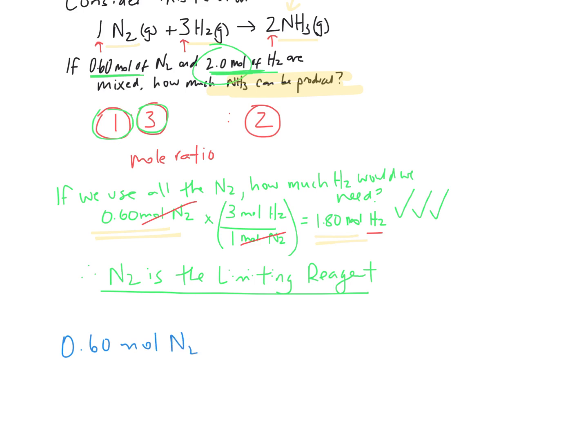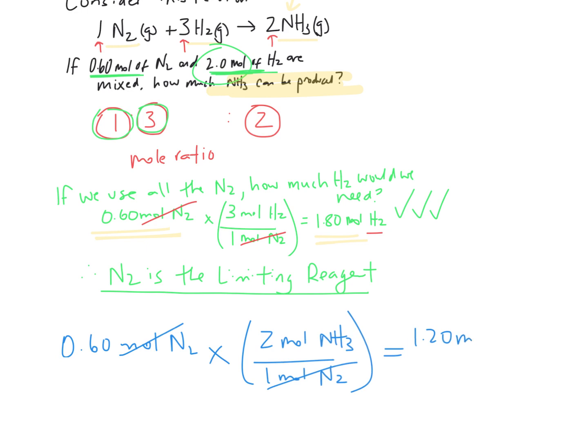We know that we're going to make 2 moles of NH3 for every 1 mole of N2. We got that from the molar ratios, the stoichiometric coefficients from the balanced chemical equation, the 2 to 1. Cross off moles of N2, and we know we're going to end up producing 1.2 moles of NH3.